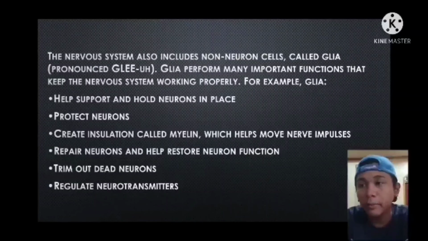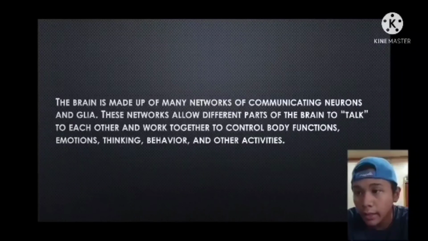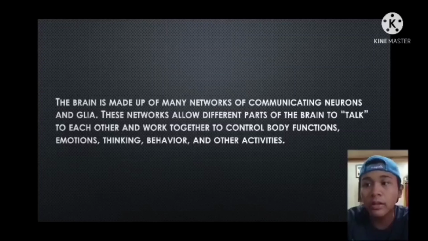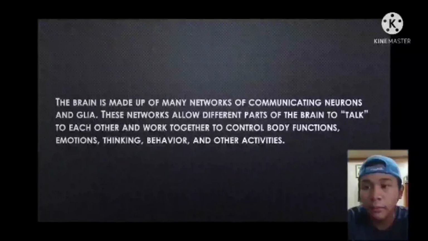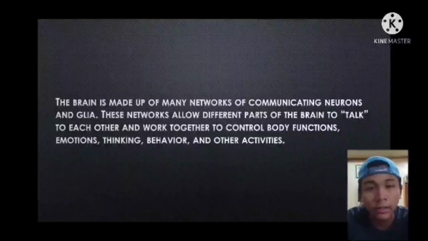The brain is made up of many networks of communicating neurons and glia. These networks allow different parts of the brain to talk to each other and work together to control body functions, emotions, thinking, behavior, and other activities.